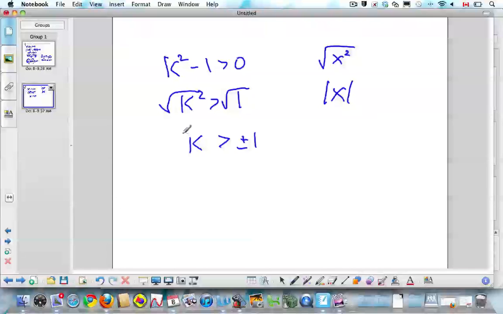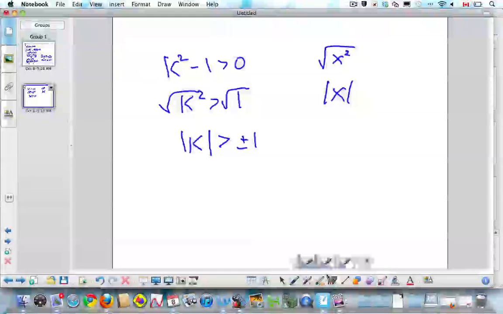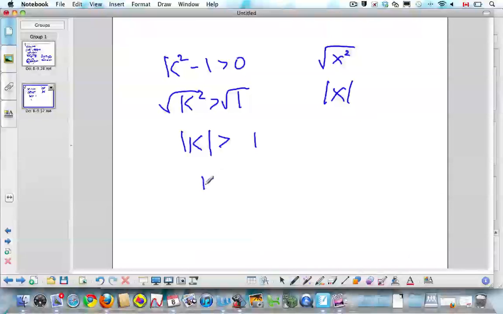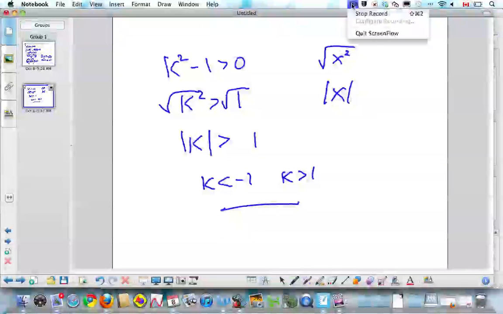But when it is an inequality, you must put it, and so it's saying the absolute value of k is actually bigger than 1. In terms of a graph, that means distance away from 0 is bigger than 1. So that could be k less than -1, or k greater than 1. There's a little bit of inequalities, and that's it for today.